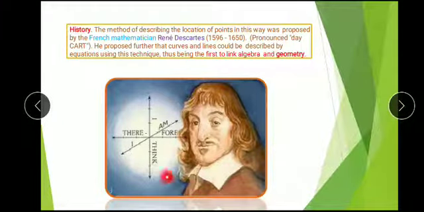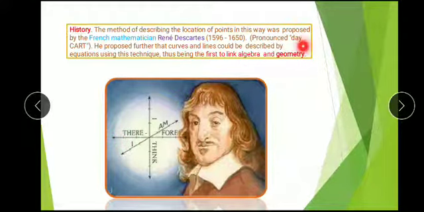So what is the history of coordinate geometry? The method of describing the location of points in this way was proposed by the French mathematician René Descartes. This mathematician first identified this technique of locating the points on a plane, called coordinate geometry.